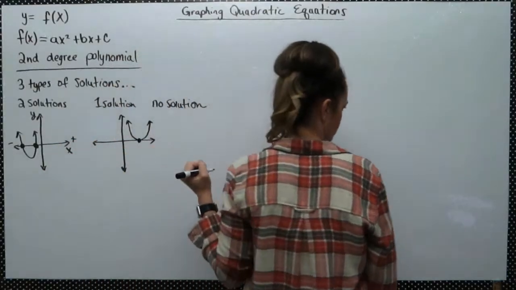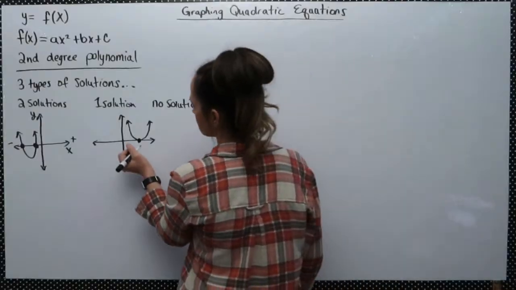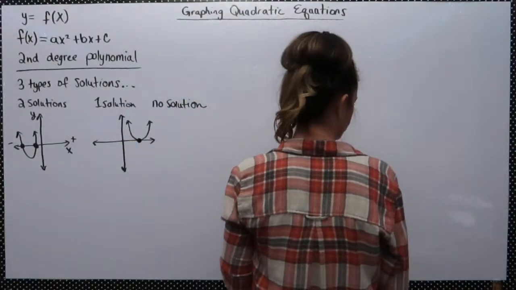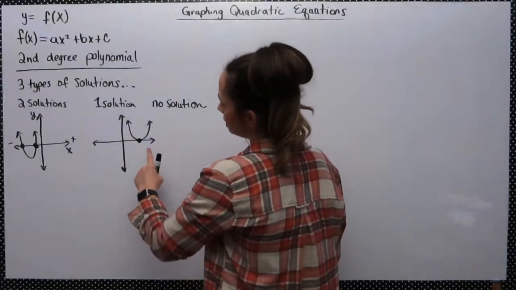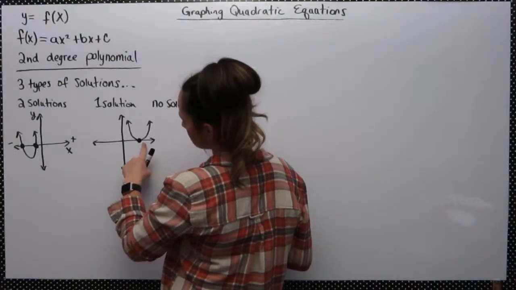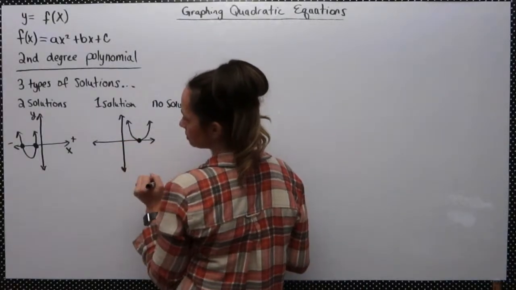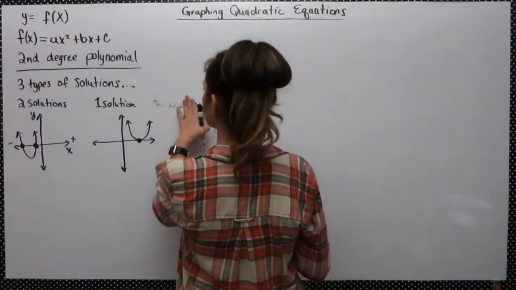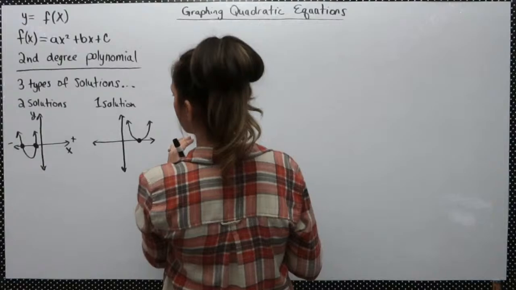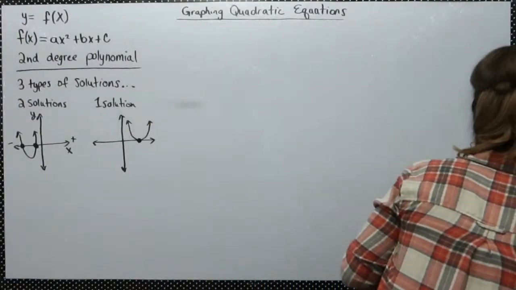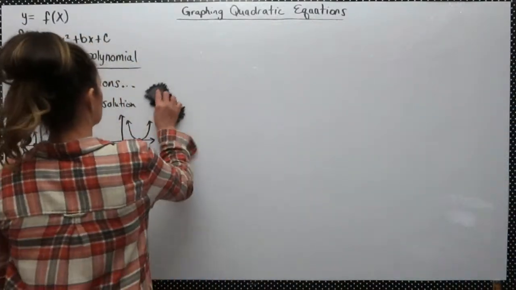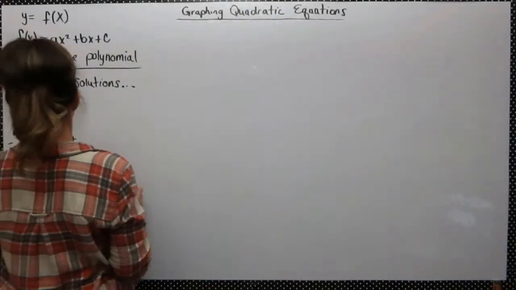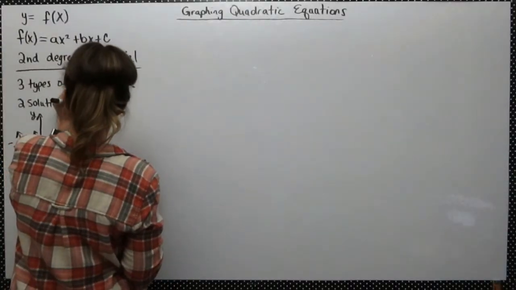I realize I'm lefty, so I can't see what I'm writing, but it's just resting there, and so there's only one intersection. Hang on, let me redraw this. Okay, so one solution.